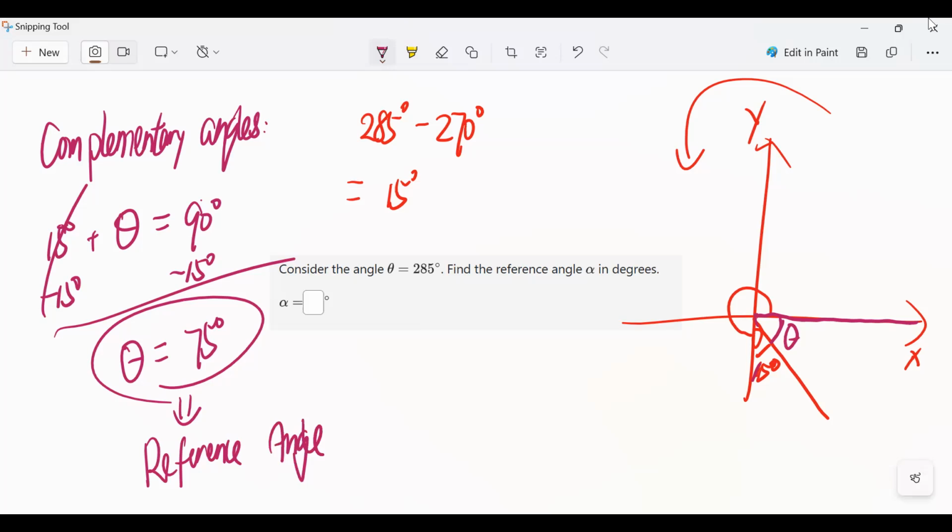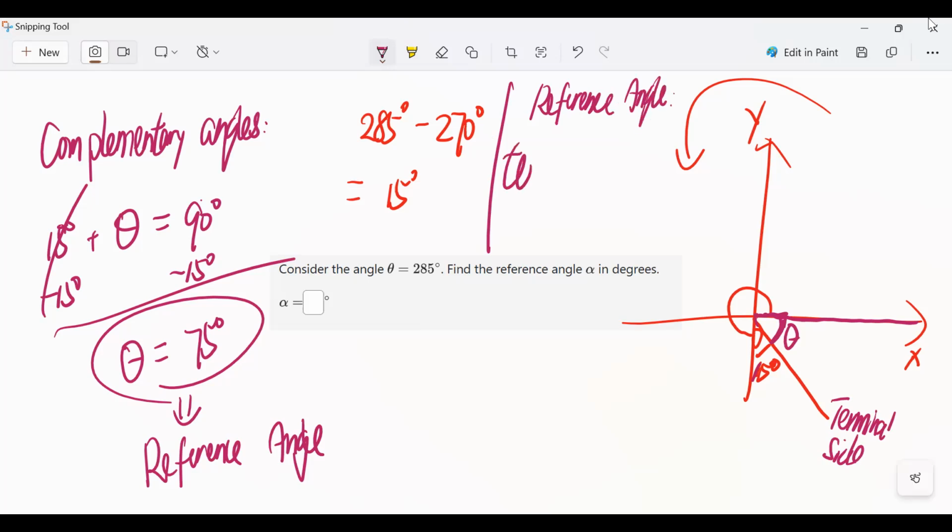Okay, always, right? This is called the terminal side, intercepting with the x-axis, not the y-axis. It's always the x-axis. The reference angle is formed by the terminal side and the x-axis.